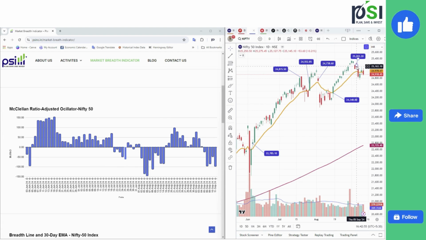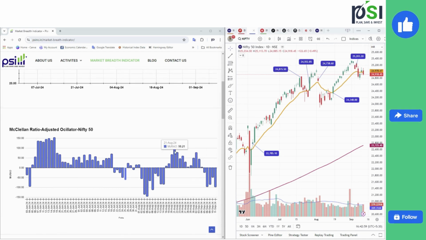And one more advantage of macro is divergence. If you observe here, on 21st August the macro is at 98, and on 2nd September the macro is 77. But on the same dates, observe the Nifty 50.